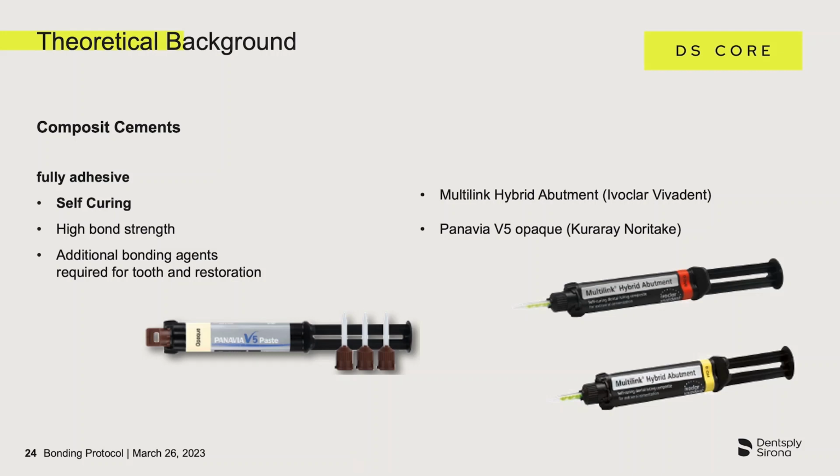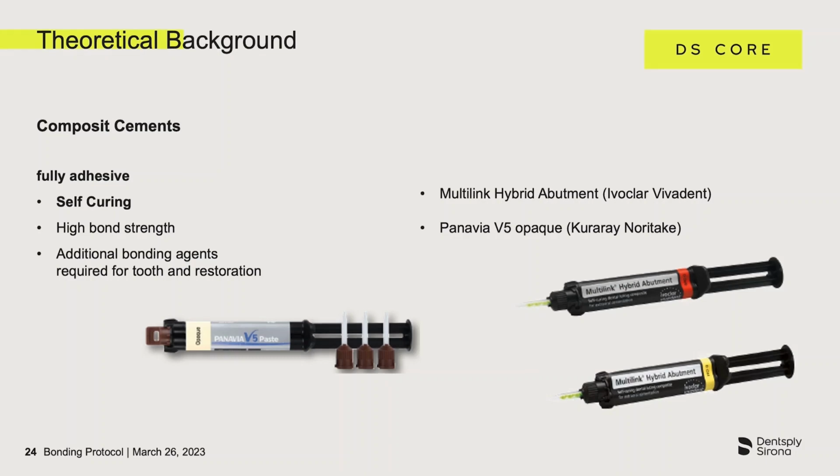These are areas of application where self-curing resin cements are the material of choice. On the one hand, there is the Multilink Hybrid Abutment from the company Ivoclar Vivadent, but also Panavia V5 in the color type opaque from the company Kuraray Noritake is a purely chemically curing composite material.